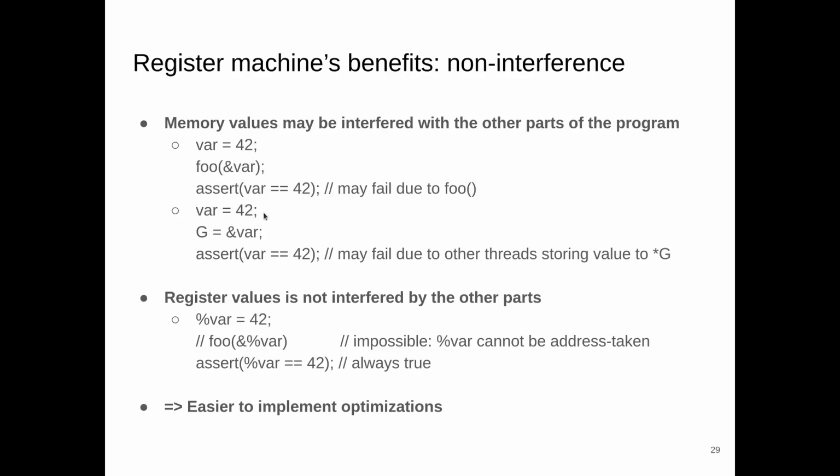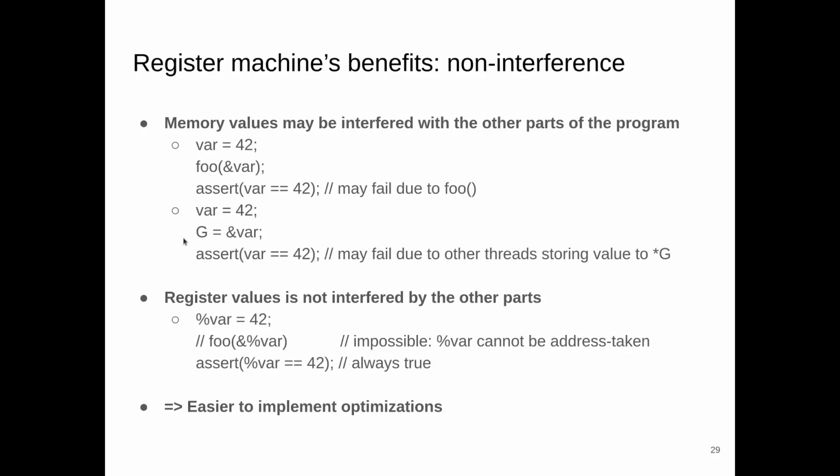And here is another example in which a global variable may affect the execution of this program and may change the value of this var. This var's address is taken and stored in the global variable. It is possible that a concurrent thread may read the pointer in this global variable and write another value, for example 17, to this variable. As a result, in this assertion, it is not possible to assert that var should be 42.